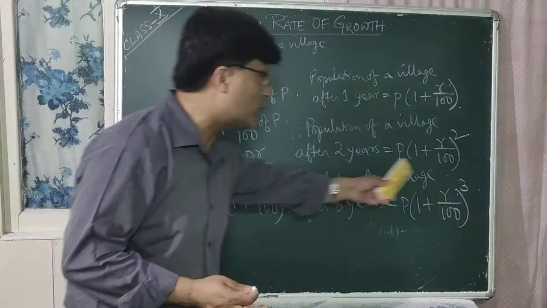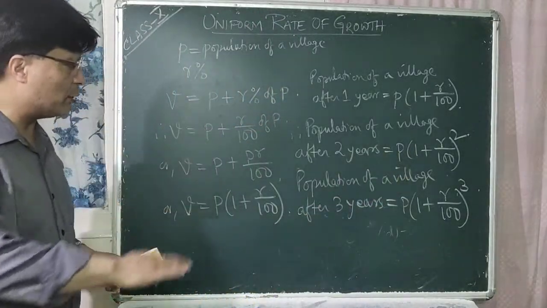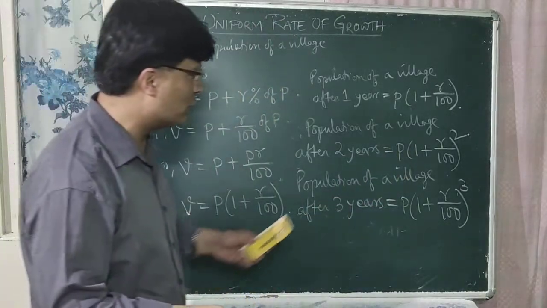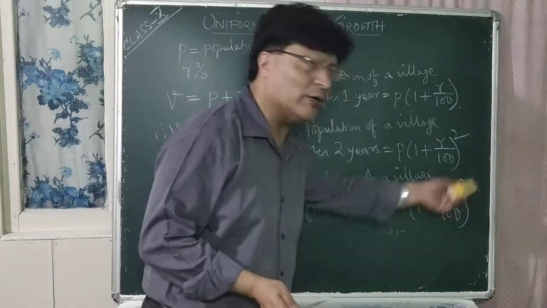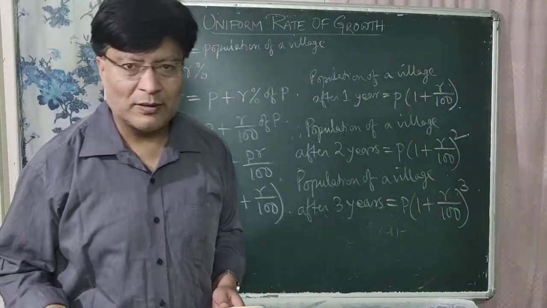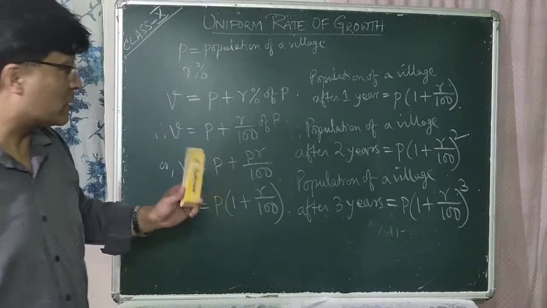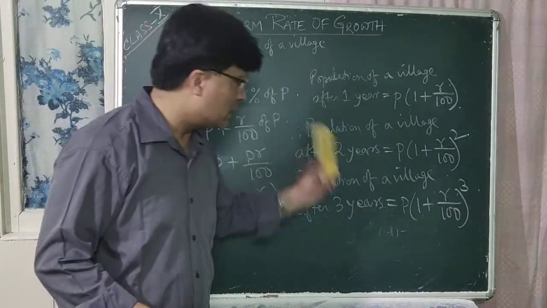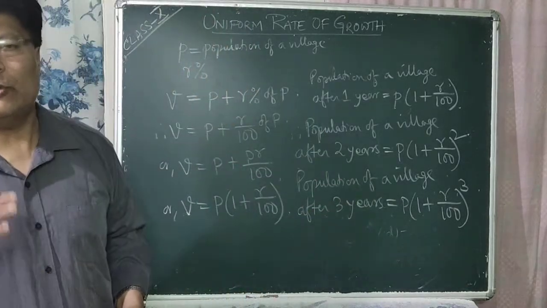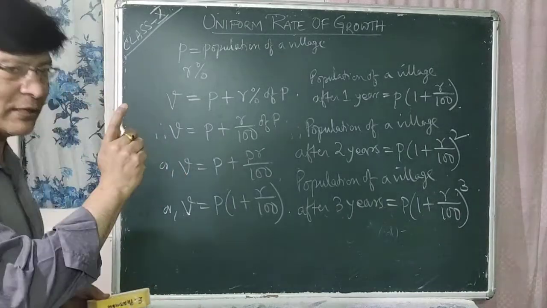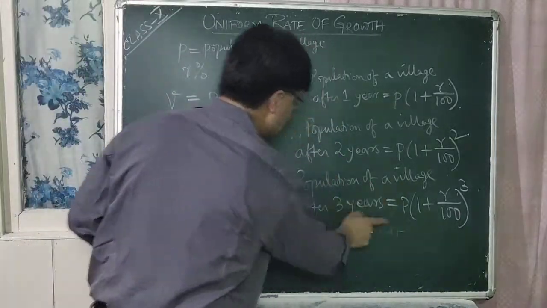Similarly, the population after 4 years will be P into 1 plus R upon 100 whole to the power 4. The population after 10 years is P into 1 plus R upon 100 whole to the power 10. Similarly, what is the population of a village after n years?